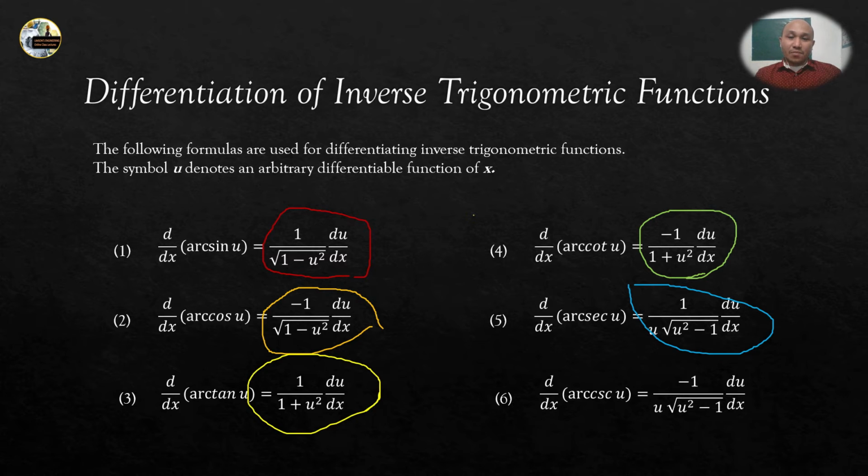And our last formula is d over dx of arc cosecant u equals negative 1 over u times the square root of u squared minus 1, times du over dx.